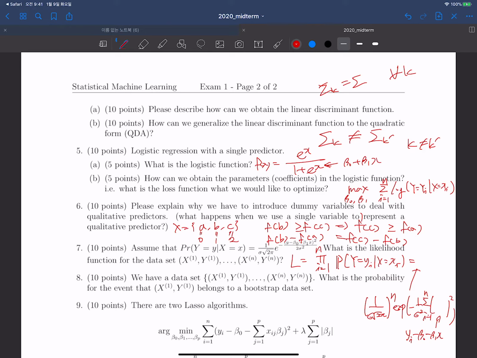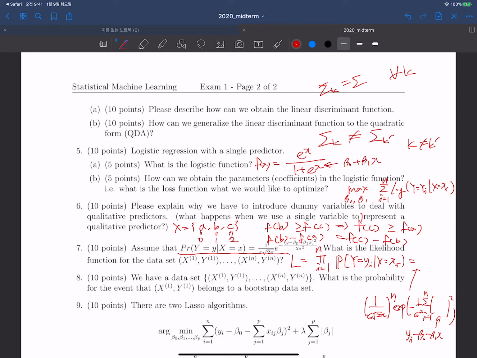So this is very interesting. Maximizing the likelihood function is equal to minimizing the RSS value of your linear regression. Using this kind of posterior concept, you can convert the original linear regression problem to this likelihood maximization problem.